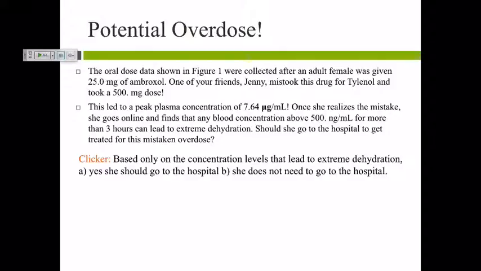We used this second order equation, so we multiplied our constant by the number of hours. Let's write out the second order first. 1 over final concentration equals constant times time plus 1 over initial concentration.